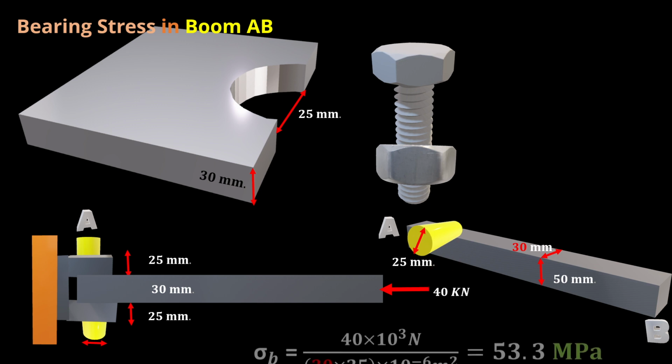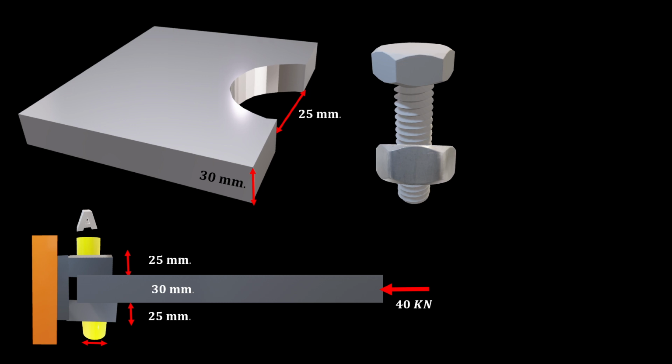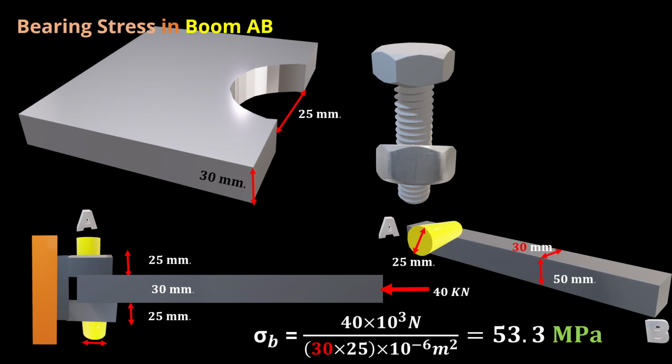To calculate sigma bearing stress, it's the force applied, which is 40 kilonewtons, over 30, because that is our thickness, the pin moves just through this 30 millimeters, and then the diameter of the bolt itself is 25.